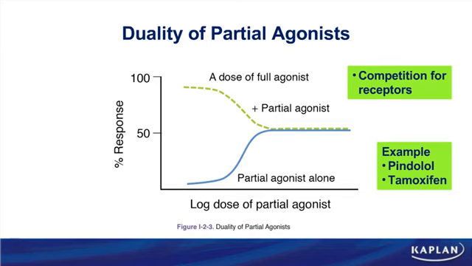They compete for those receptors. In fact, the action of pindolol is going to be to reduce the effect of the full agonist. Think about it this way. Every time pindolol binds to a beta-1 receptor, epi and norepi can't bind to those same receptors. So the overall effect of your full agonist is going to be reduced.